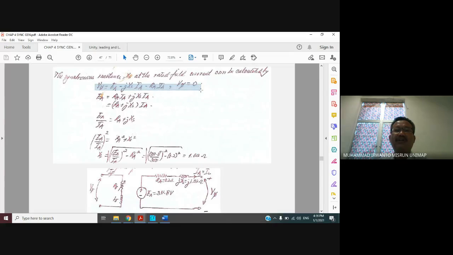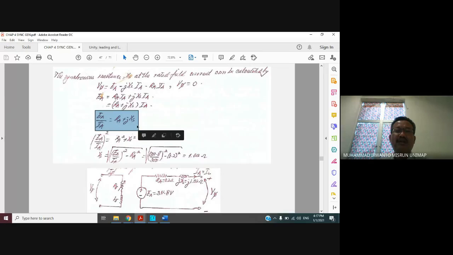It can be written EA is equal to RA IA plus jXS IA. IA is the reference, so it can be written like this, and then EA over IA is equal to RA plus jXS. Look, this one is a complex number.